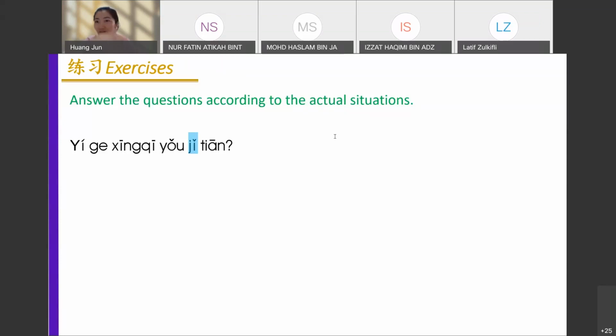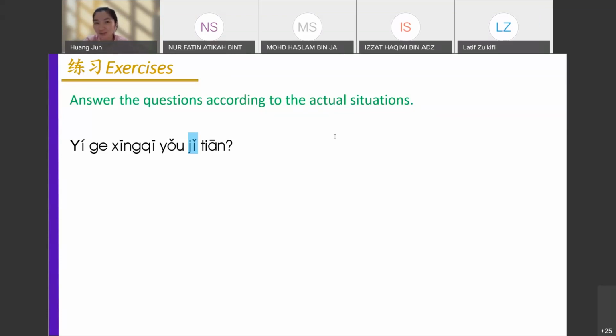We try to refresh your memory step by step, okay? 几, what's the meaning? Not what. What is 什么? Yes, 几 means how many. Not how much. How much is 多少钱, asking for money.